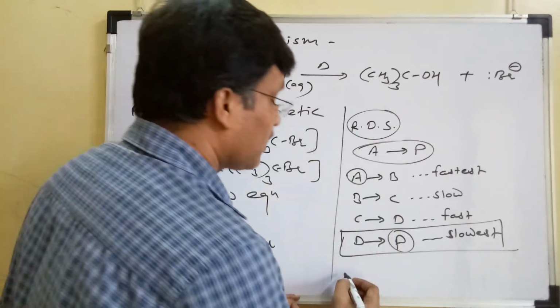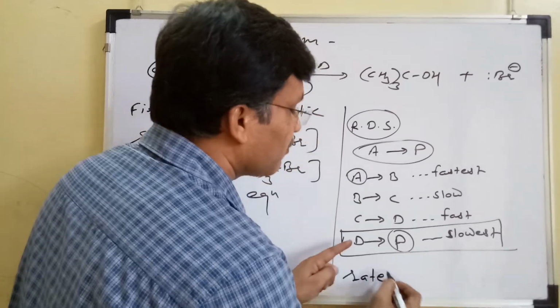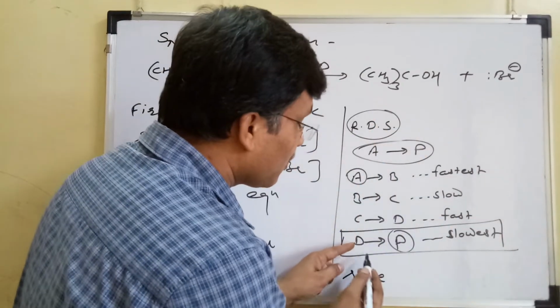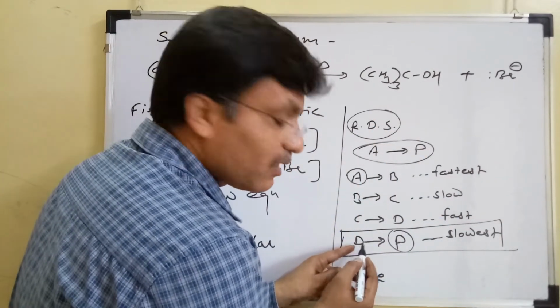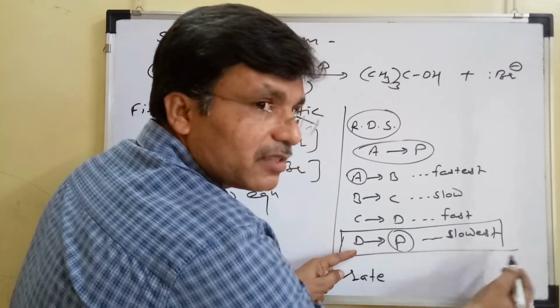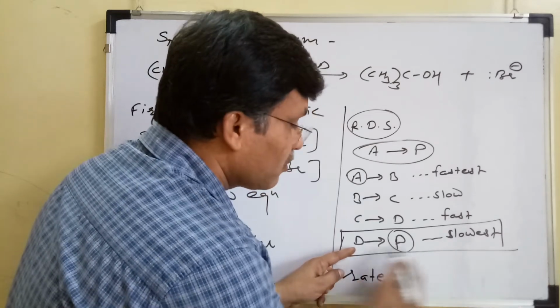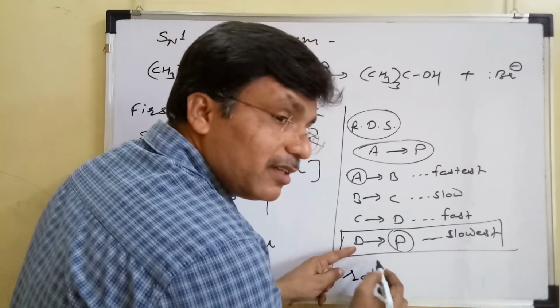Therefore the kinetic equation is written based upon this, that is, the rate of the overall reaction depends upon the substrate which is present in the slowest step of the reaction. So this is the slowest step, and in this slowest step D is the substrate.